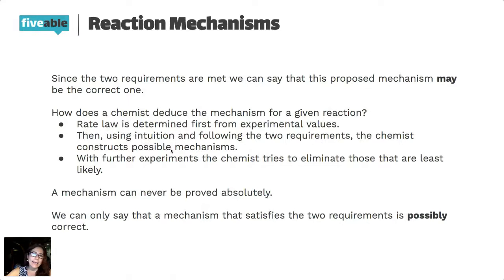And then that chemist, or asking for help from the professional community, with further experiments, the chemist or the group of chemists try to eliminate the mechanisms that are least likely to occur, and that's a proposed mechanism. But again, this is only in theory. So an accepted mechanism is one that satisfies the two requirements.